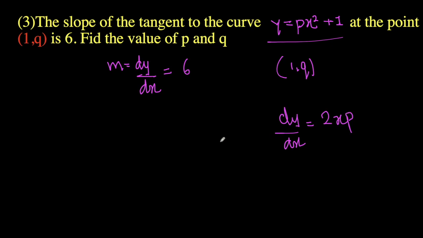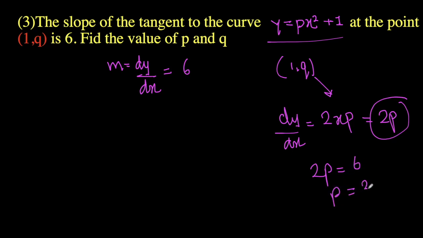This slope was at the point (1, q), so if you put this in, dy by dx will be 2p because your x was 1, and 2p is equal to 6 because the slope is 6. So p is equal to 3.